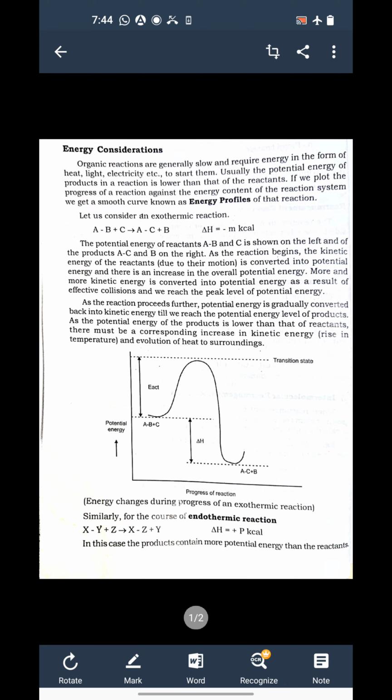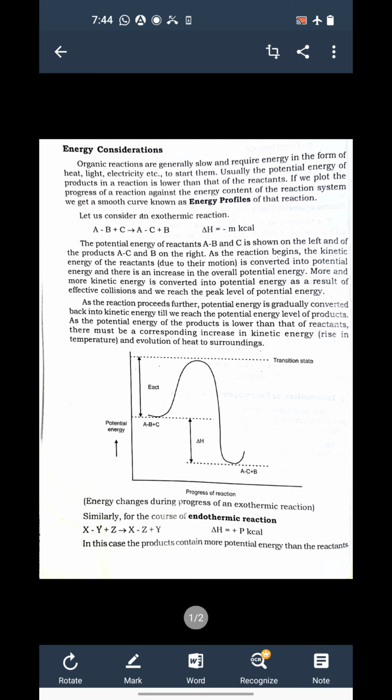At the transition state, potential energy is maximum, which means at that position the maximum product is forming. Then the potential energy goes on decreasing, which means the kinetic energy is going on increasing here.